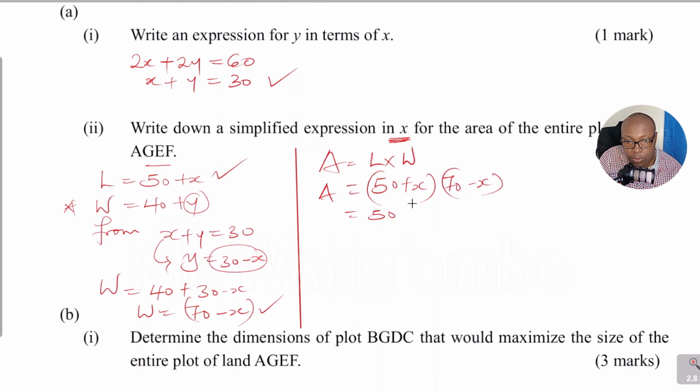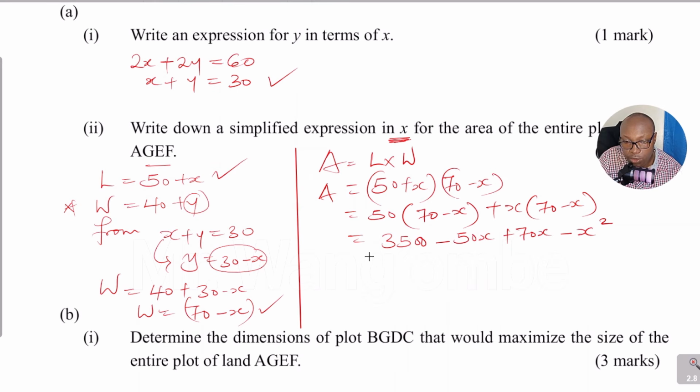Multiply these: 50 plus x, times 70 subtract x. Just expand these. This gives 50 times 70, that is 3500, subtract 50x, plus 70x, then subtract x squared.